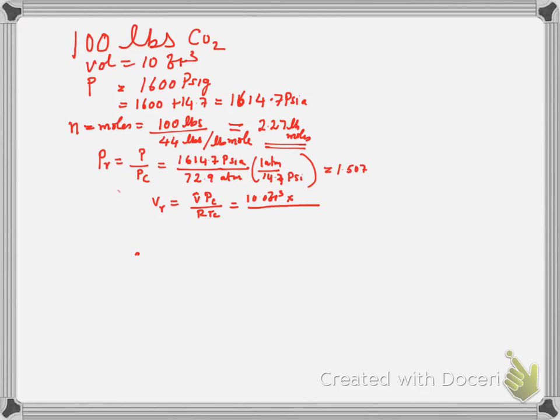Now let's see here. R is what? Now we want it in feet cube atmospheres, pound moles, Rankine. 10.73 would be in psia.